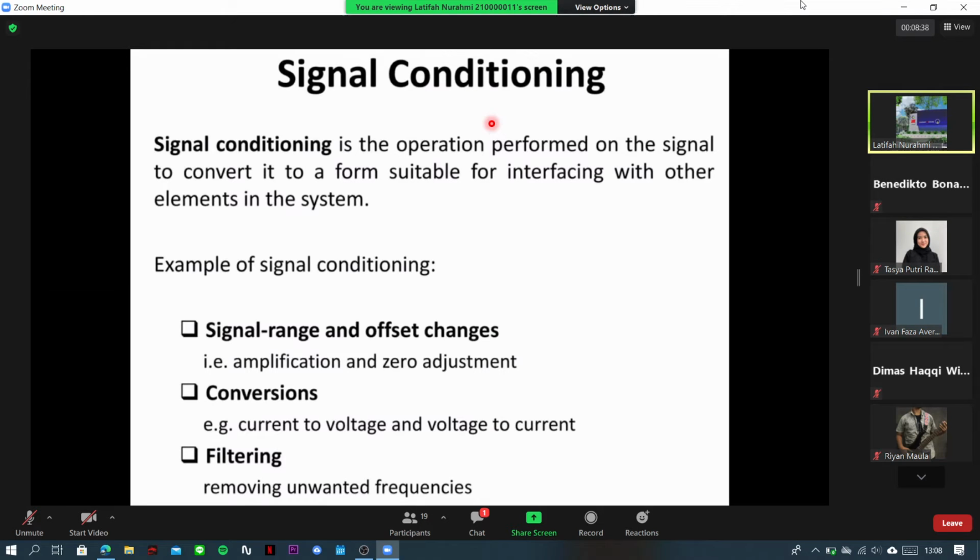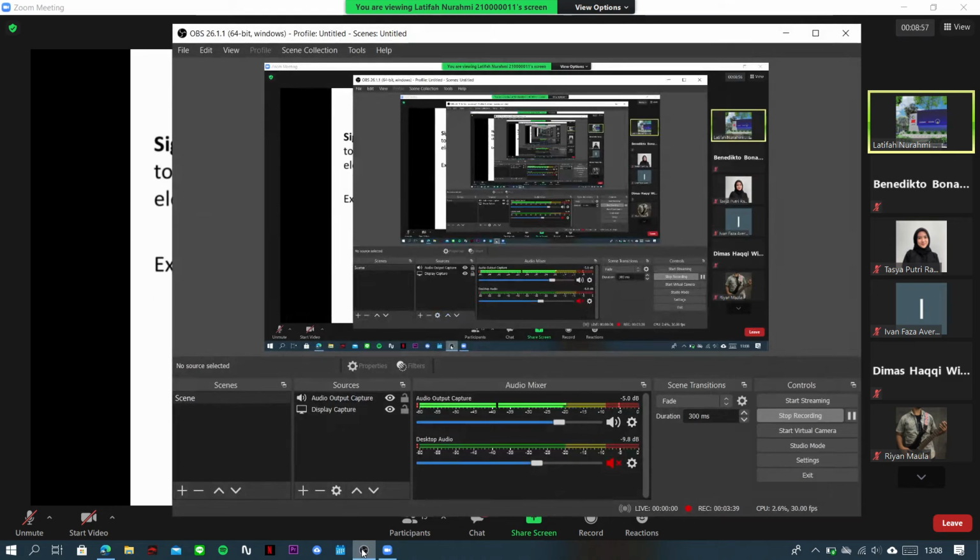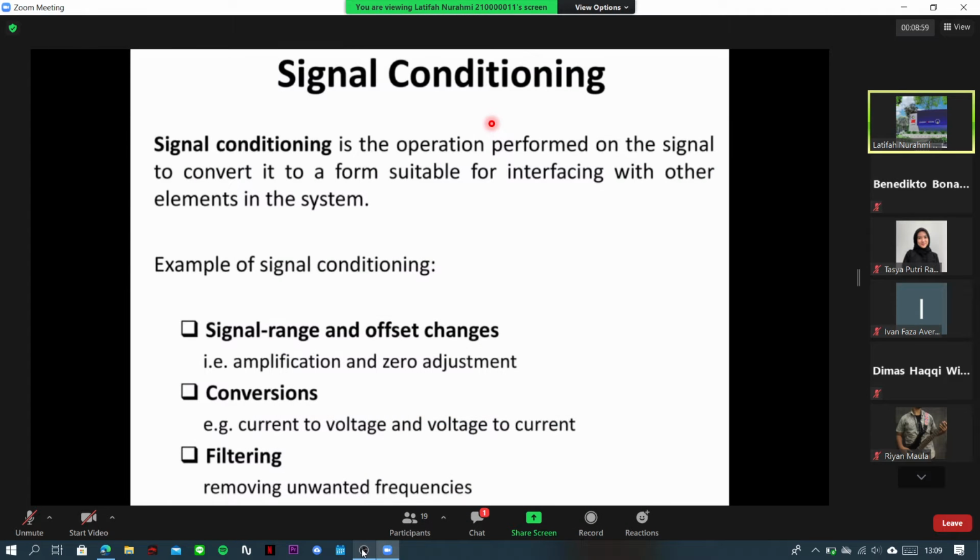Let's say the voltage is too small and it has too much noise, then you need to filter, you need to remove all the noises, then you need to amplify. Amplify is basically to increase the signal so that the later elements can read this signal. So we need to condition these signals. That's why we call it signal conditioning.